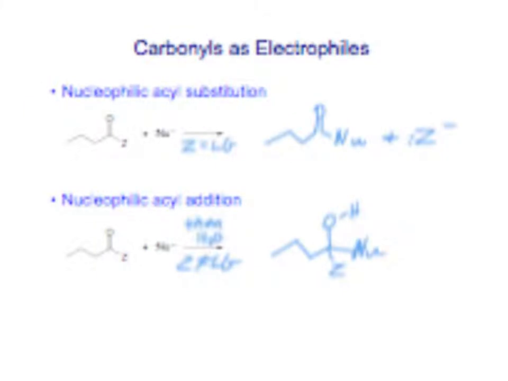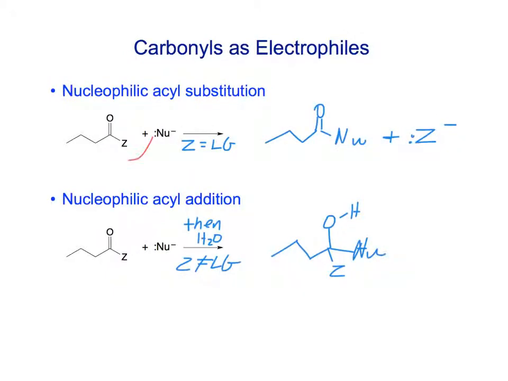This is a slide that we did earlier on. The first type of reactivity that we learned for carbonyl groups, other than the acid-base chemistry of carboxylic acids, was for them to act as electrophiles. We looked at reactions where the nucleophile attacks the carbonyl carbon because it has a delta plus at that position.